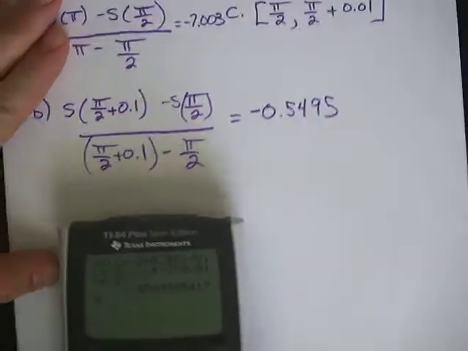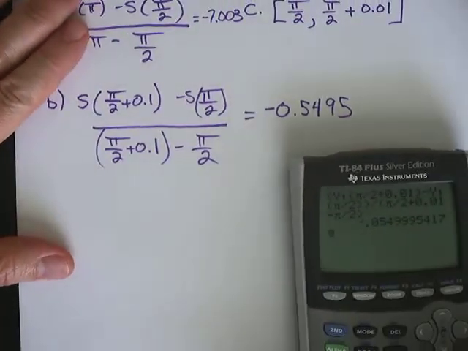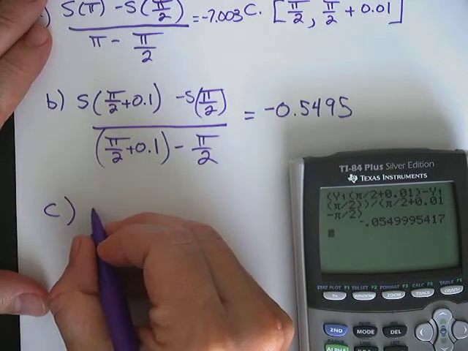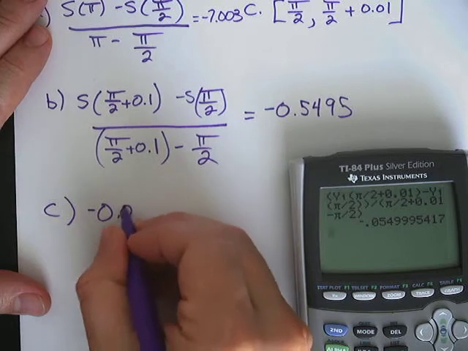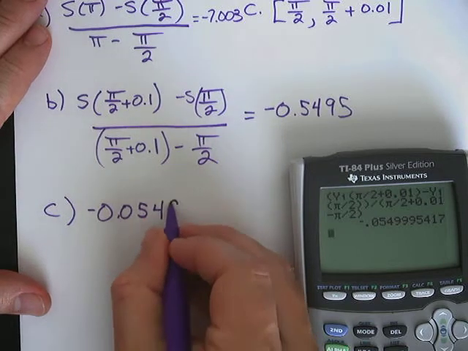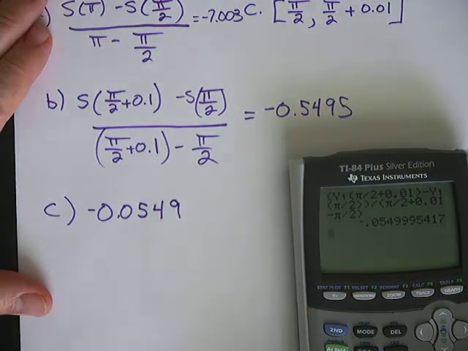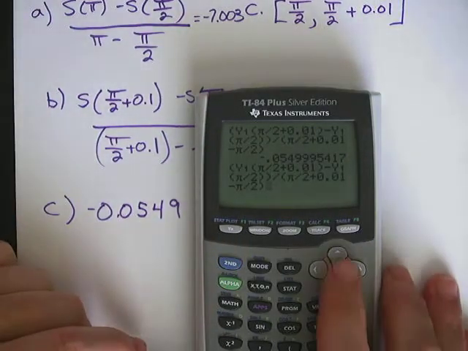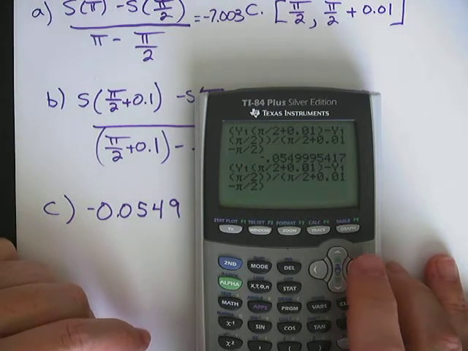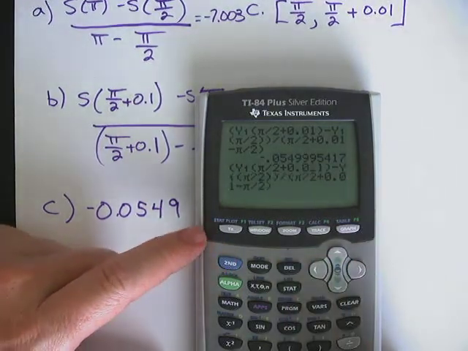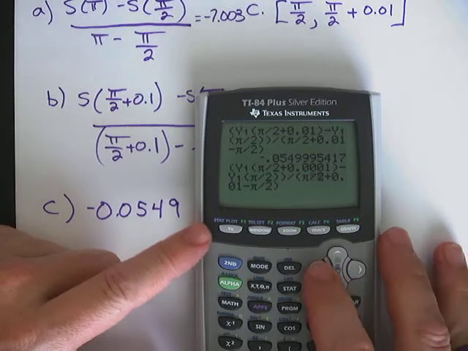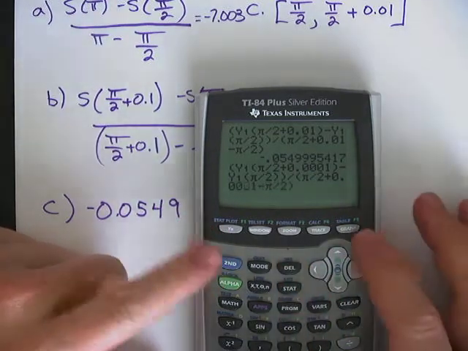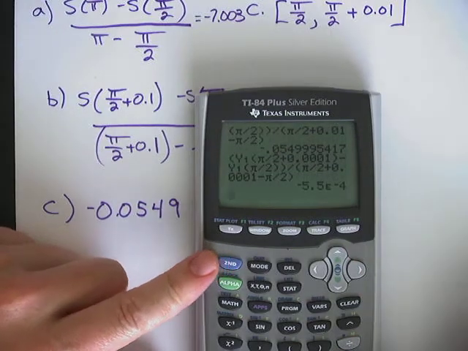And it looks like our next one for C is equal to negative 0.0549. Now, I know it didn't ask us to, but let's do one more, and let's do really close to pi over 2. So let's insert a couple more zeros, 1, 2, and down here as well, insert 1, 2, and then hit enter and see what we've got.